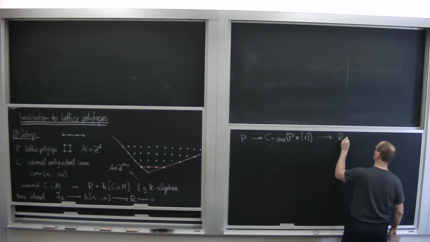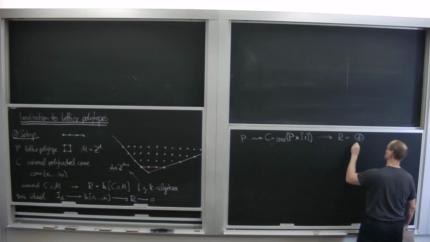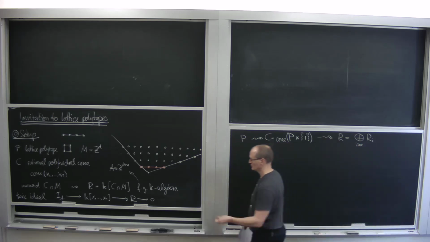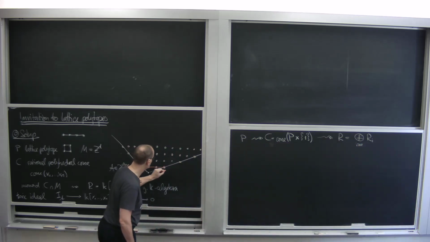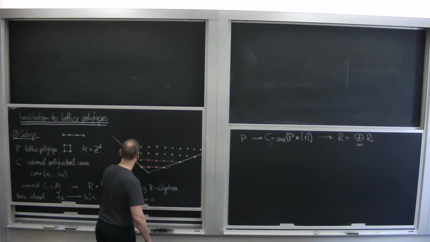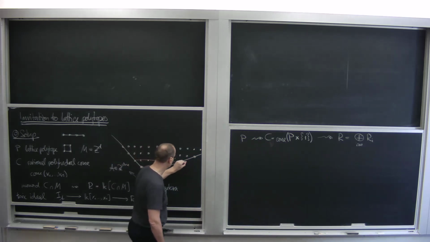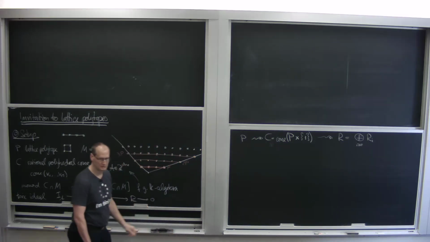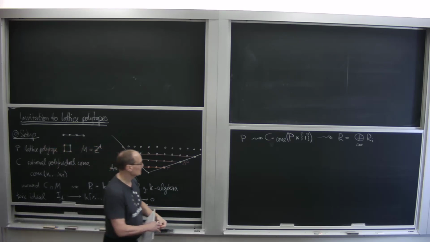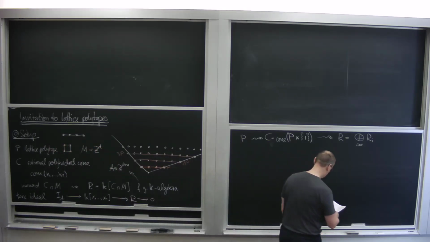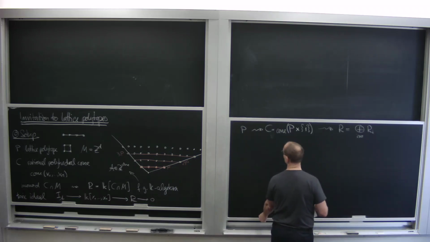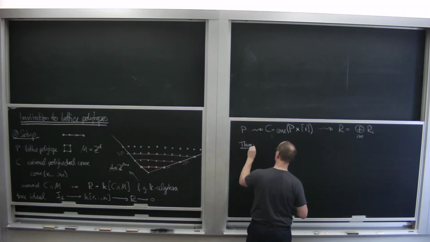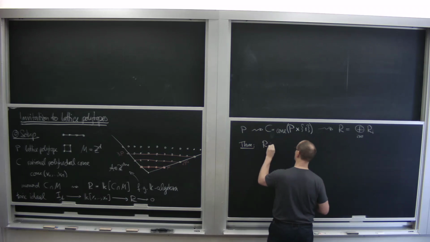Okay, so in this case R has a positive grading. The beauty is if this is P, then the degree 2 piece is 2P, the degree 3 piece is 3P. So here comes our first actual theorem.